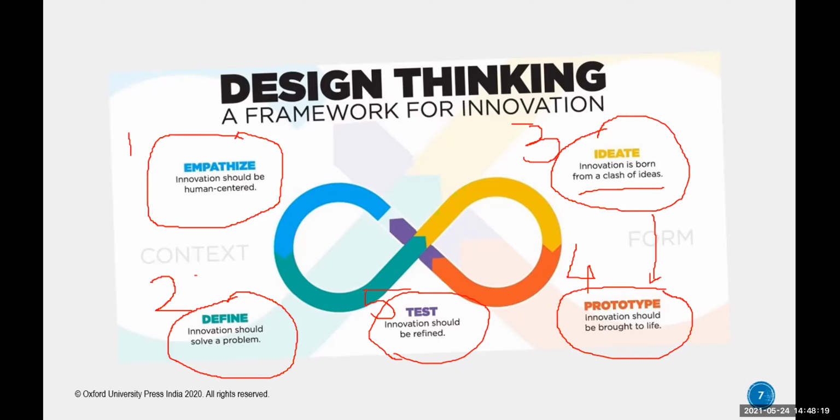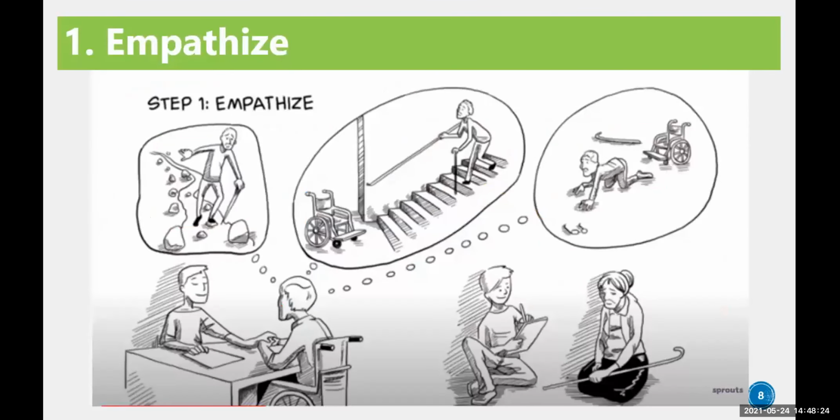Let me illustrate with an example. In step 1, empathize, let us say that you are trying to solve problems of older people. So let's say you feel that older people have a lot of problems. So can I help them with anything?